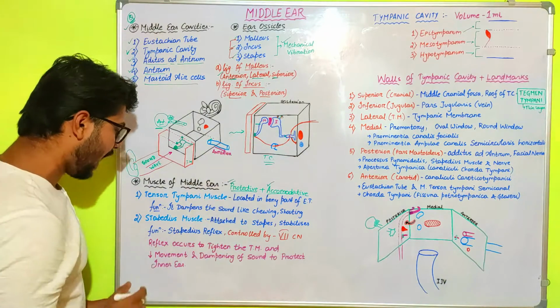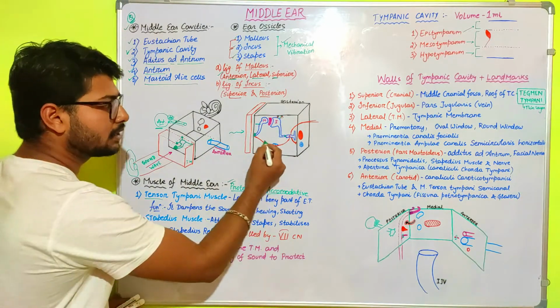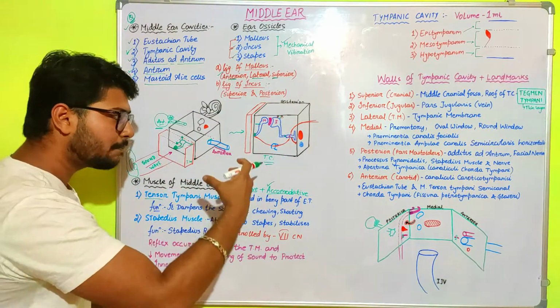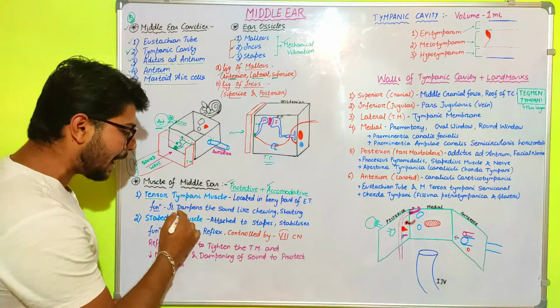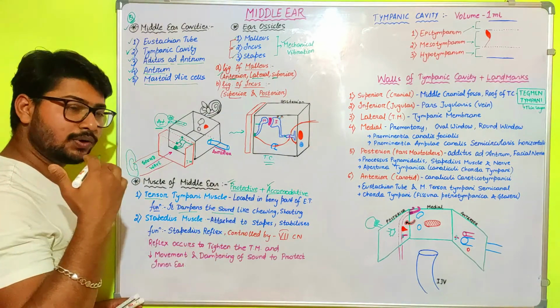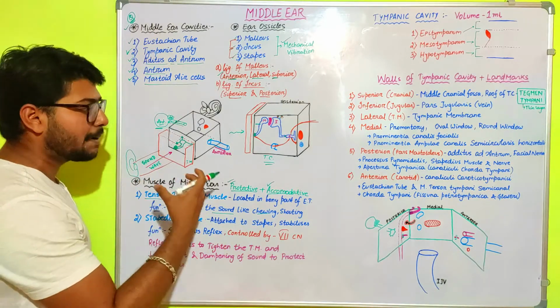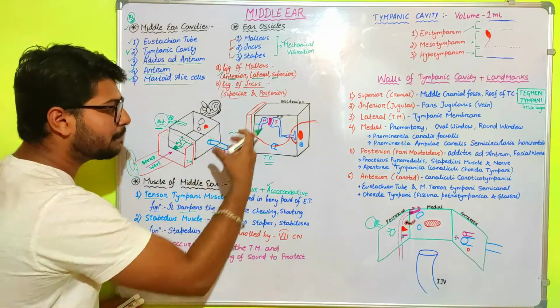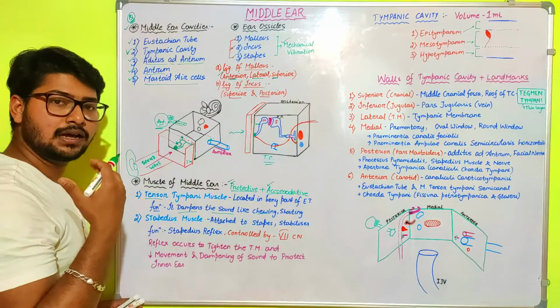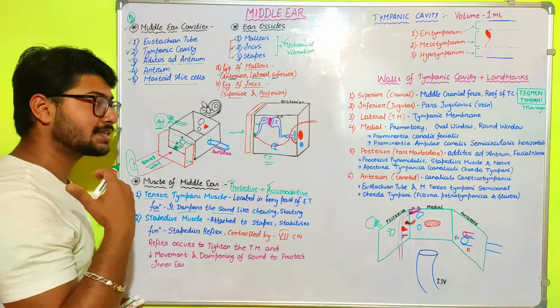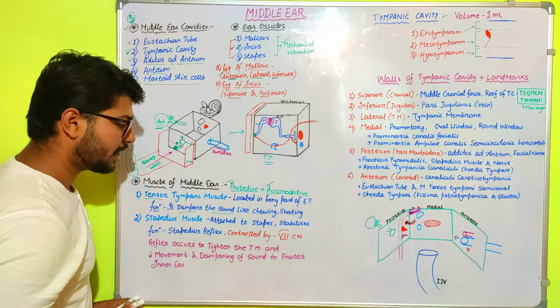Okay, first we have the tensor tympani muscle, this one, that tenses the tympanic membrane or dampens the sound, like chewing or shouting or during thunder. So it pulls the tympanic membrane and does not allow excess vibrations of the tympanic membrane.